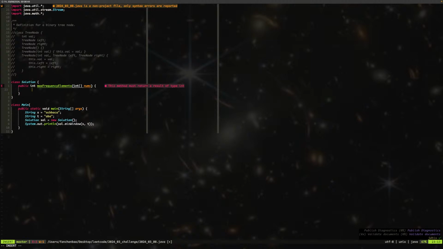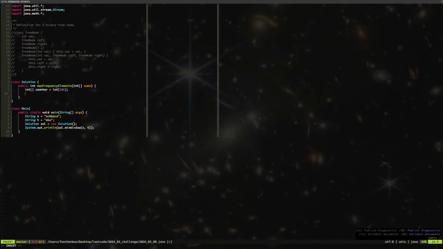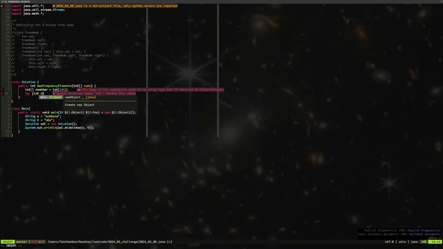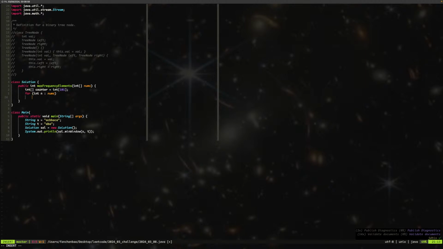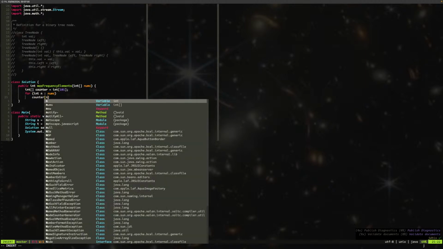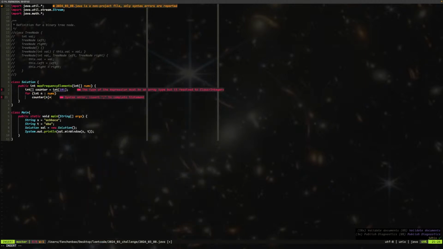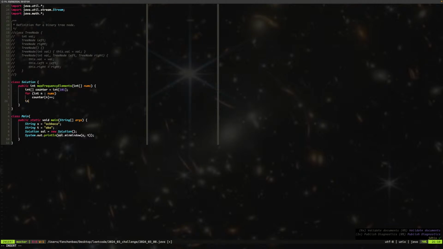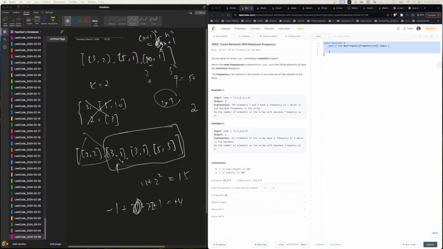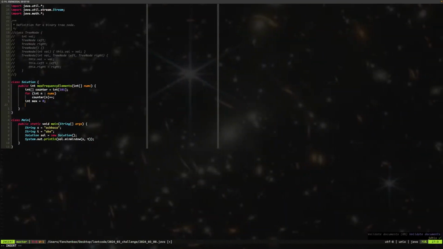Okay, so I need to say int counter equals new int of 101, and then for int n of nums, we say counter n plus plus. Then int max equals 0, int res equals 0.